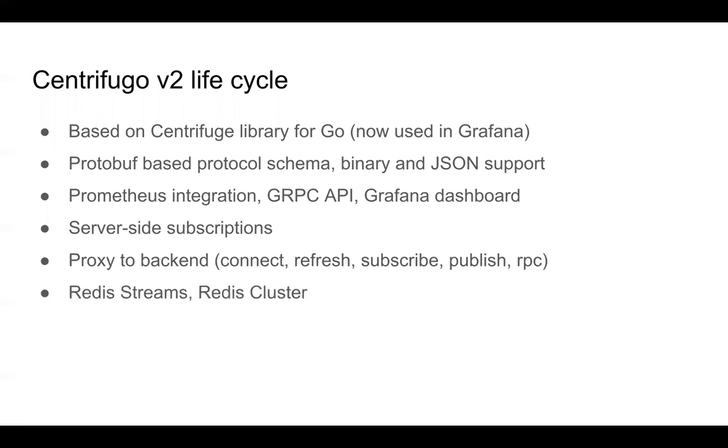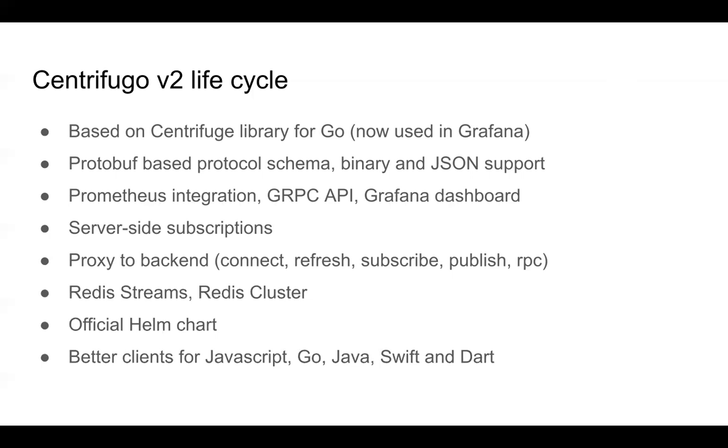We also added Redis Streams, Redis cluster support, and we now have an official Helm chart. Pretty good things happened, and there were many improvements in client-side libraries, but client libraries are still maybe the weakest part of the Centrifugo ecosystem.